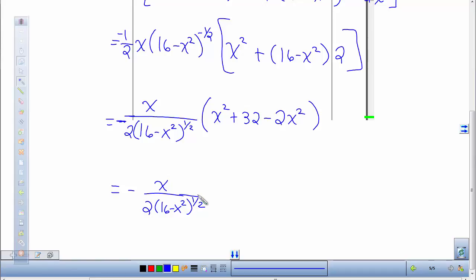And we get negative x squared plus 32. And that's my final answer. Questions about that?